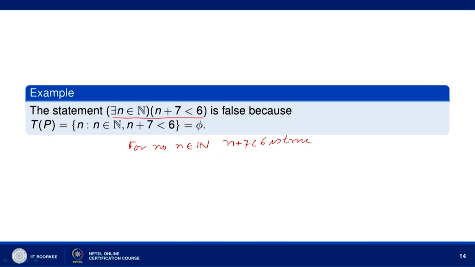Therefore, T p, the set of all n belonging to N such that n plus 7 less than 6, is equal to phi. So the truth set of this statement is empty.